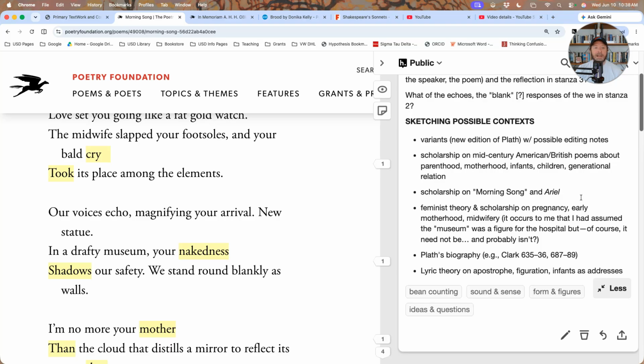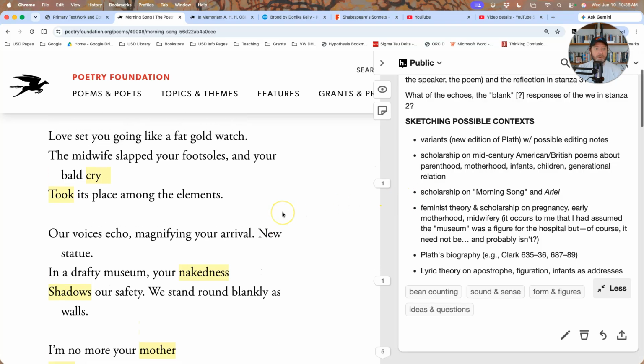It occurred to me that in some of my earlier notes about figures, I had assumed that the museum here could be a figure or a metaphor for the hospital, but of course, the presence of the word midwife, which I just kind of leapt over, reminded me that the setting here, especially at the beginning of the poem, might not be a hospital at all.